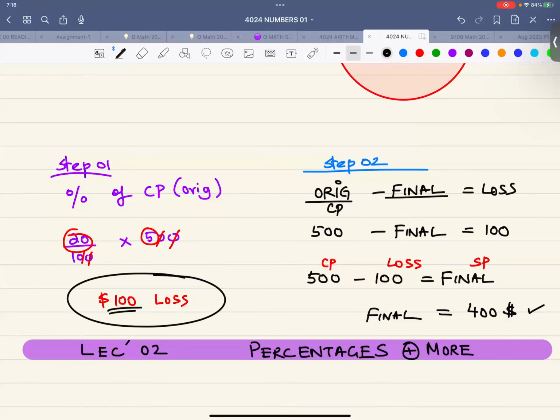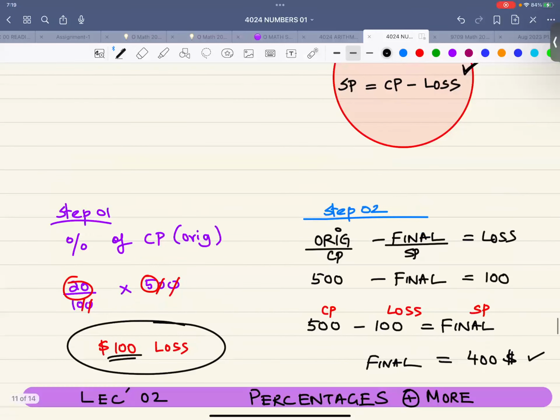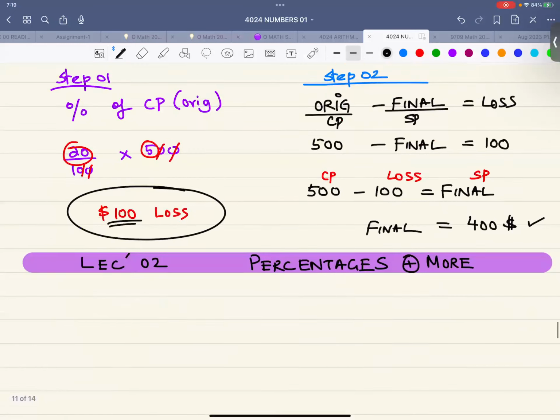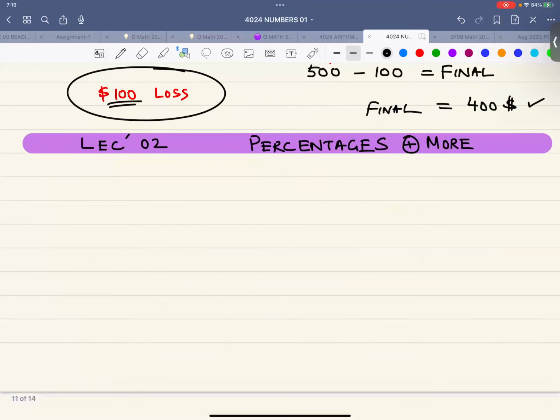What is the final price? That is the selling price. I have rearranged this equation. I think this is easier for you to remember. Just remember, selling price is cost price minus loss, and the final answer is $400. That's where we stopped in lecture number 1. We took a good 11-12 minutes to recap everything that we have studied.